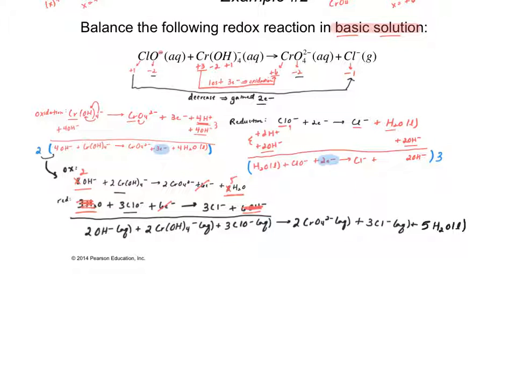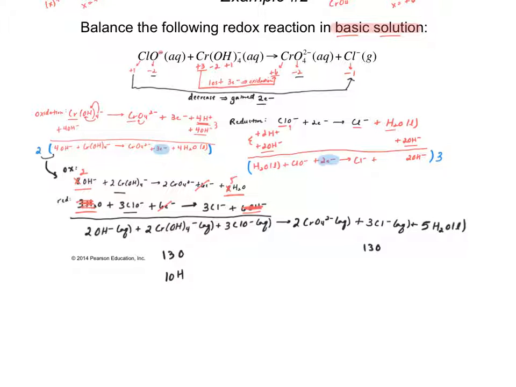And then again, it would be smart to go ahead and check with respect to mass. I've got 2 plus 4, 8, 10, 13 oxygens. I've got 8 plus 5, so 13 oxygens. I've got 2, 4, 8, 10 hydrogens.